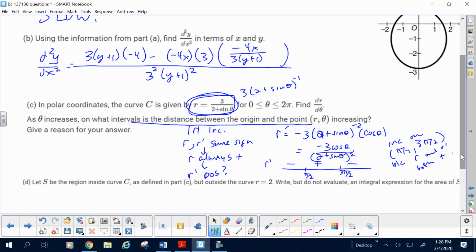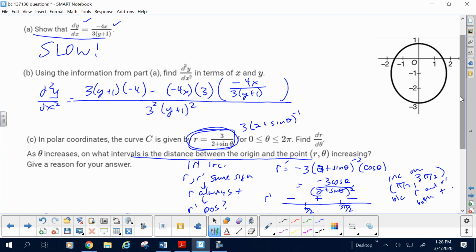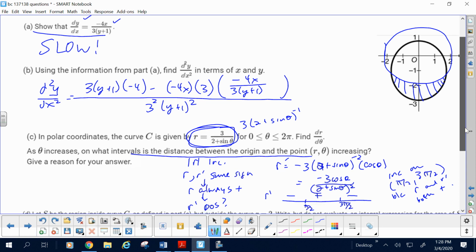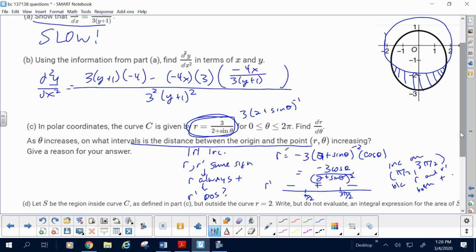Okay, and last but not least, if we throw a circle in here and shade, this is the shaded area I interpreted as they wanted, yeah? So where are the intersection points? 7 pi over 6 and 11 pi over 6.